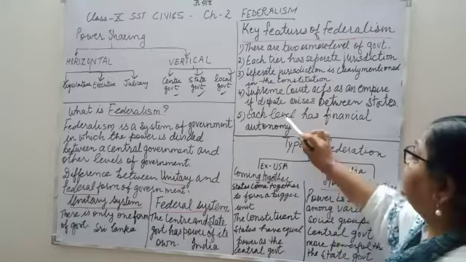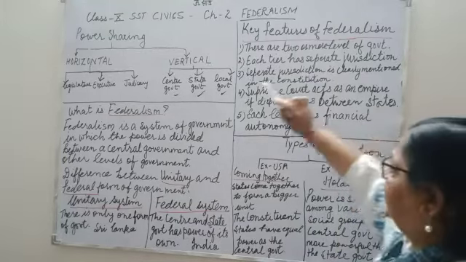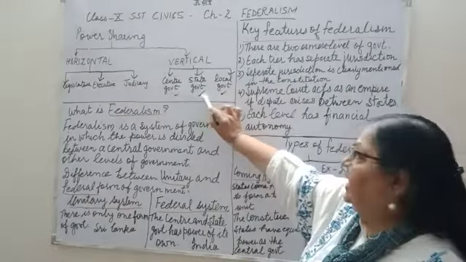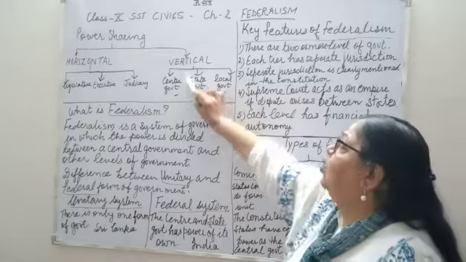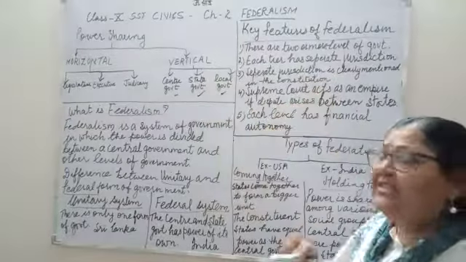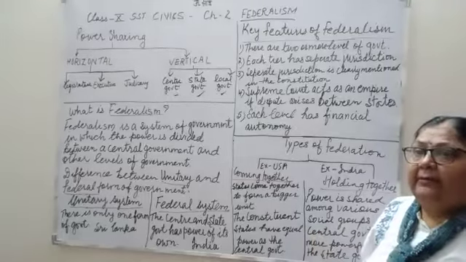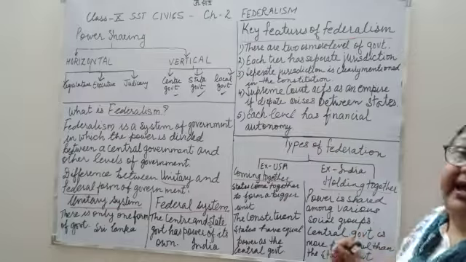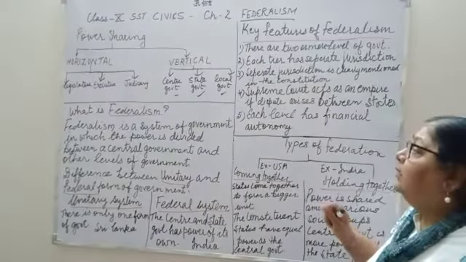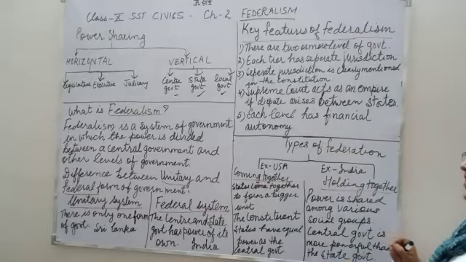In case any dispute arises between central government and state government, or central government and more than one state, or sometimes between states, the Supreme Court acts as an umpire, and the Supreme Court's decision is final.